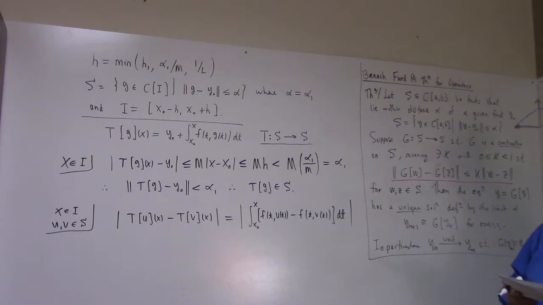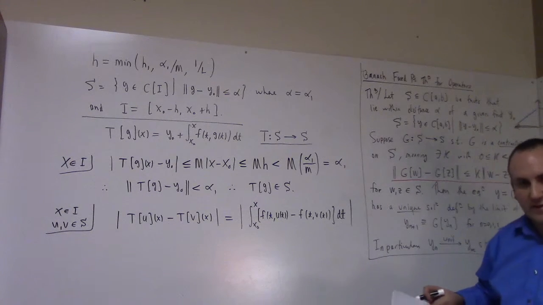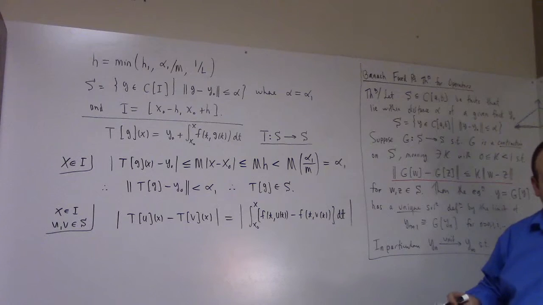Do you see what he's saying? You notice that the x component of f is fixed. The y component is going from u of t to v of t. So you're looking at the difference of f with x fixed and y changing.